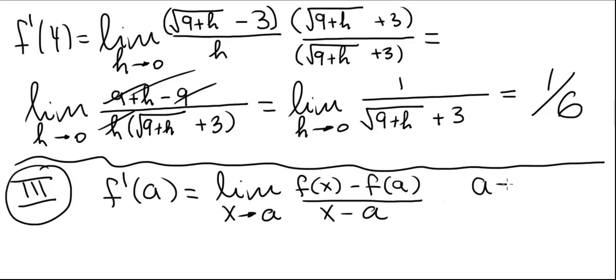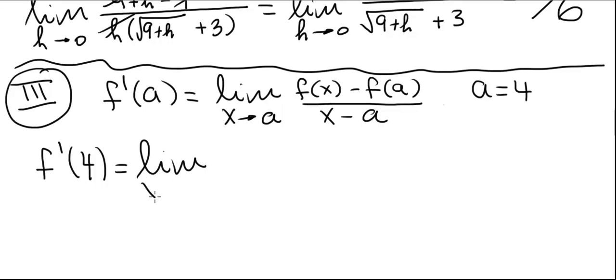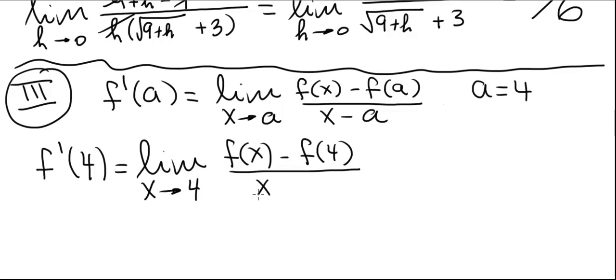In our case, a is equal to 4, so the problem becomes finding f prime of 4, which is evaluating the limit as x approaches 4 of f of x minus f of 4 divided by x minus 4.